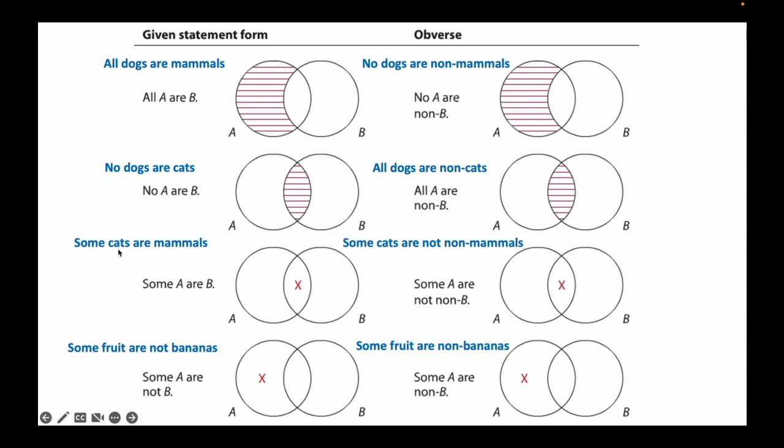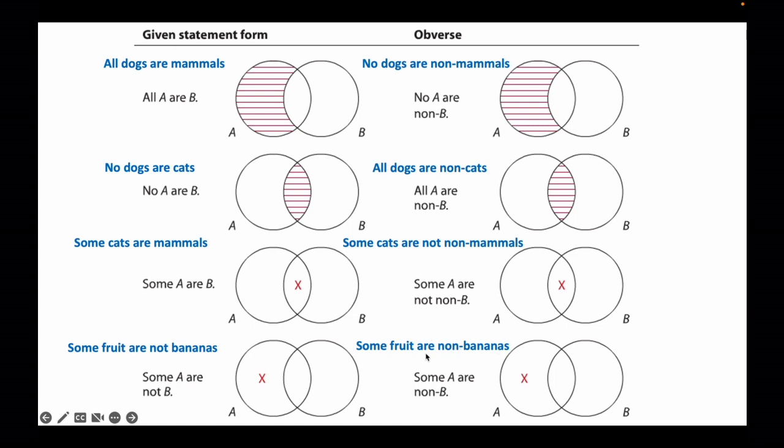The I form, some cats are mammals, is logically equivalent to some cats are not non-mammals. Again, a double negative, which becomes an affirmation. And the last one, some fruit are not bananas, is essentially the same thing as saying that some fruit are non-bananas, which is true.